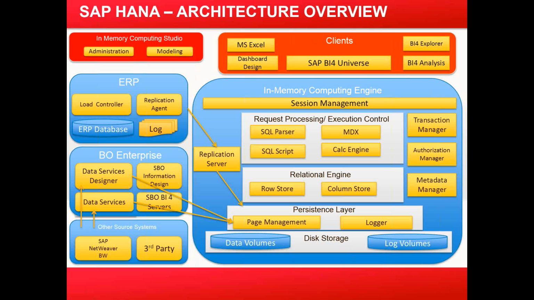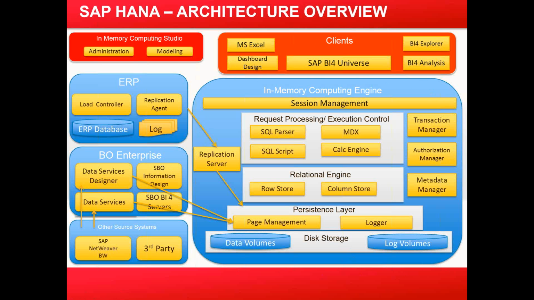On top of all this is a software that is created in order to interface with the database. Here the database is the in-memory computing engine, the larger blue box. The software that we will always use to interface with this will be the in-memory computing studio. In short form, it is called HANA Studio. So we will be doing modeling and also administration.